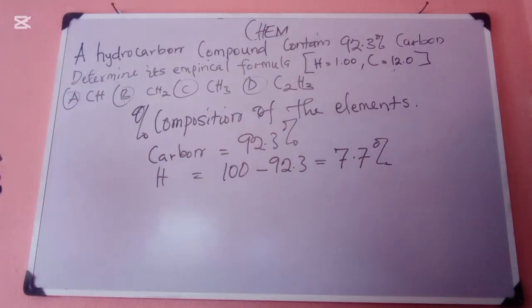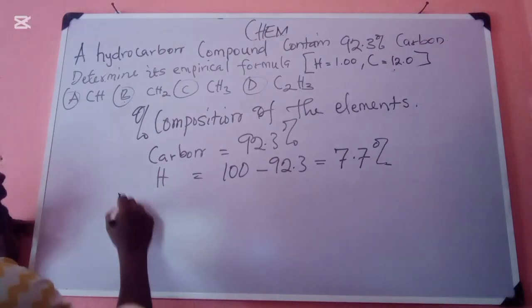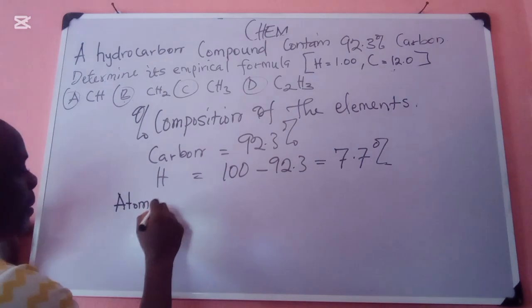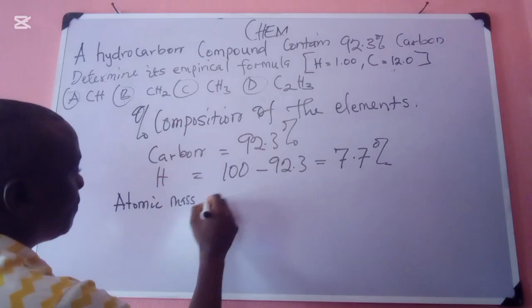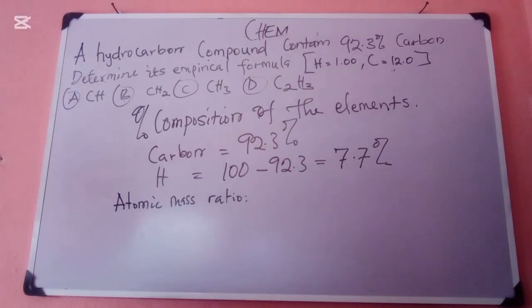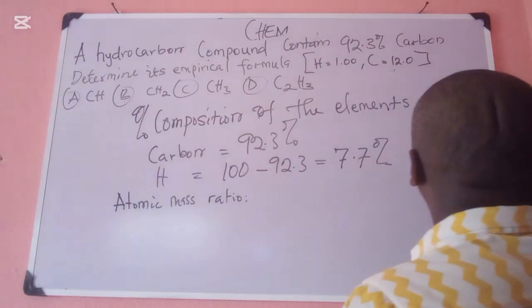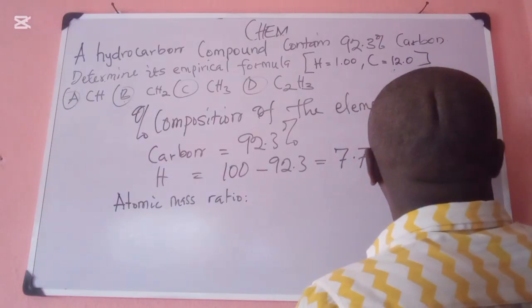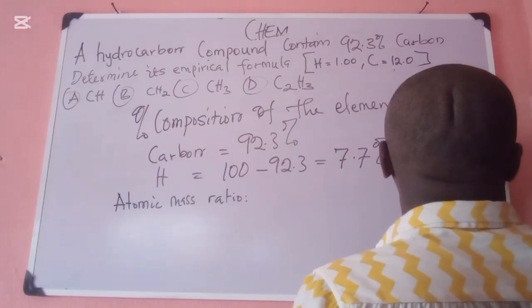The next stage is to look at the atomic mass ratio. Before we go into this, we can see that carbon is equal to 12, then hydrogen is equal to 1.